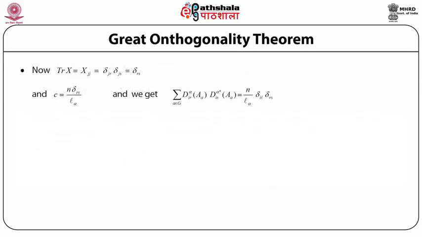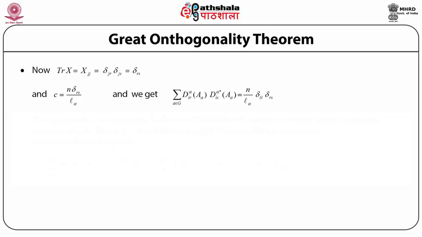Now trace X is equal to the sum of Xjj, which is equal to delta jr delta js, which is equal to delta rs. Therefore C is equal to n times delta rs by L alpha.